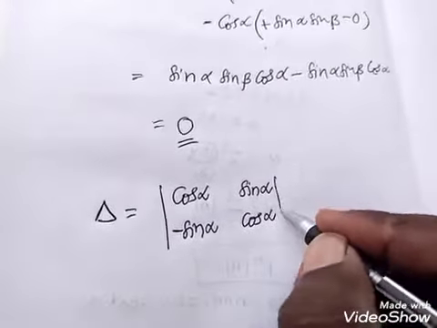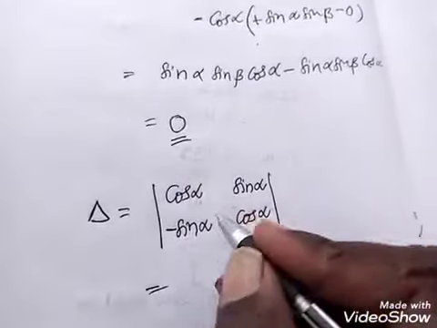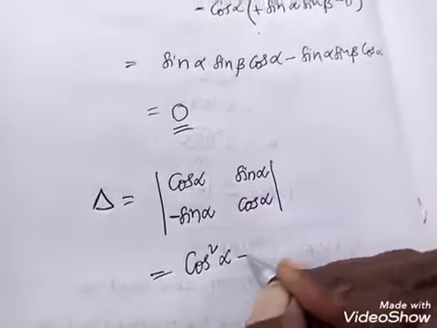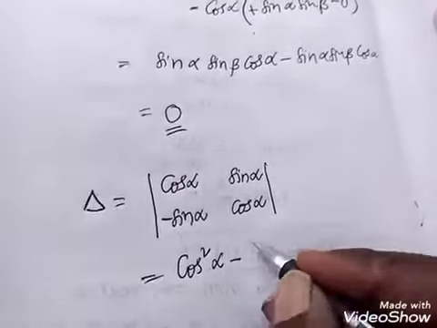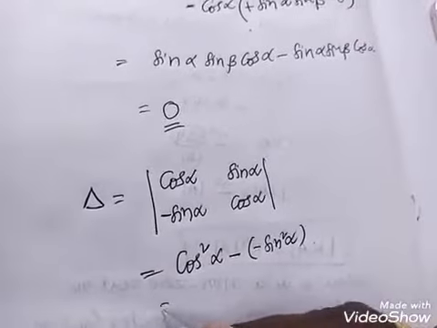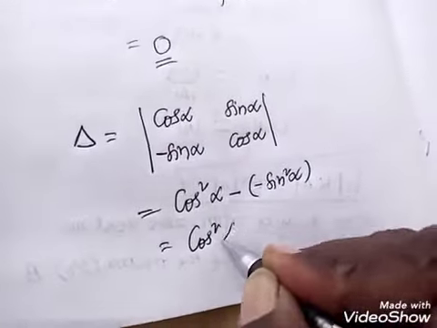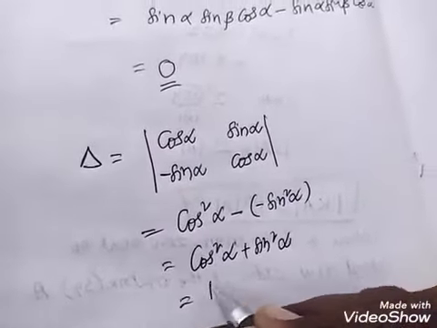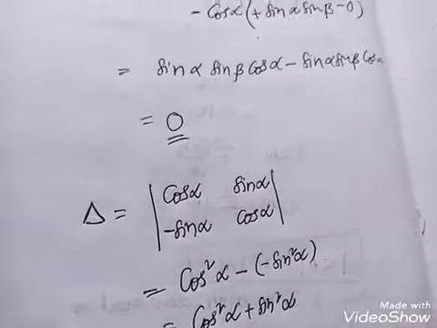If it is given like this, now what are you going to get, observe there, cos alpha into cos alpha, cos square alpha, minus sin alpha into minus sin alpha, minus sin square alpha. That is nothing but cos square alpha plus sin square alpha, that is equal to 1.